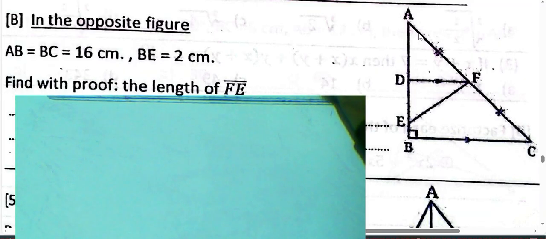The triangle is isosceles, with BC equal to 16 centimeters. This line segment is 2, then 16 minus 2 equals 14. And this line segment DF is parallel to the base and drawn from the midpoint of AC, then DF is half of BC. BC is 16, so this line segment will be 8.